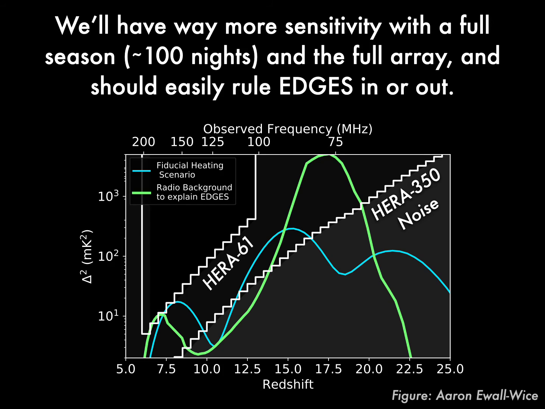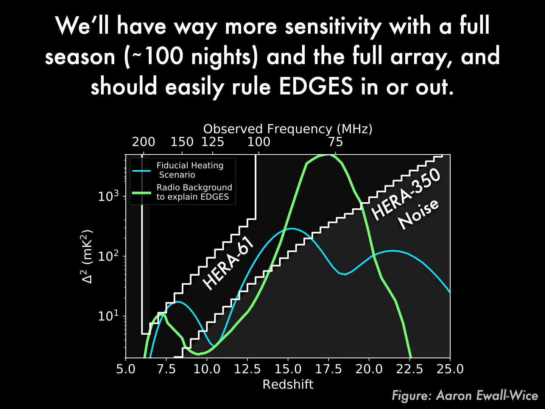But also, if EDGES is real, we should have tons of signal to noise at the relevant redshifts, redshift 17 or so, to really be able to rule that in or out. So we'll have plenty of additional signal to noise to play with as we mitigate our systematics.